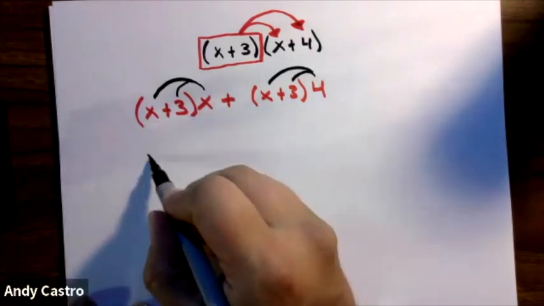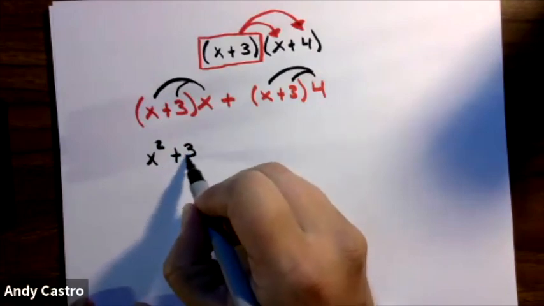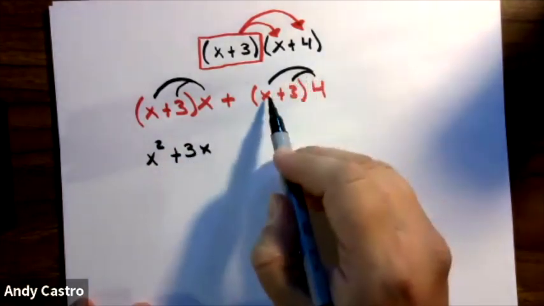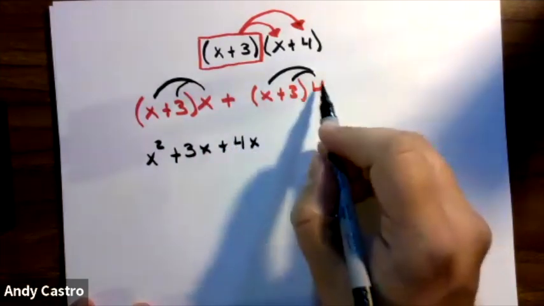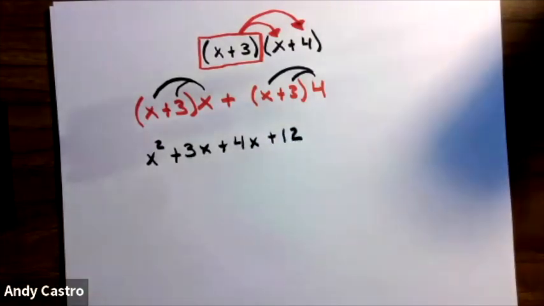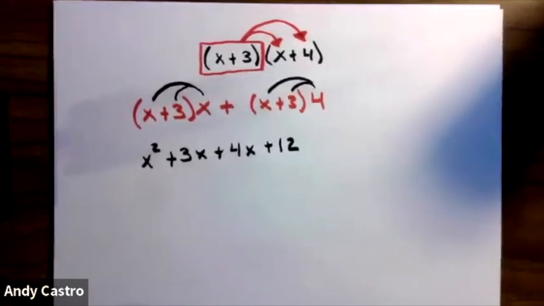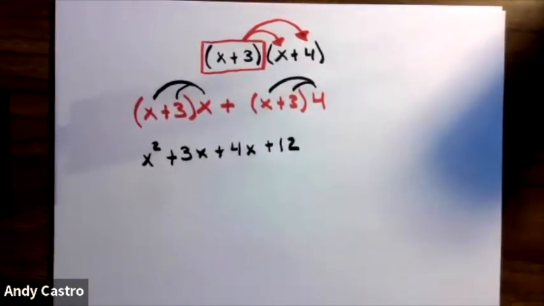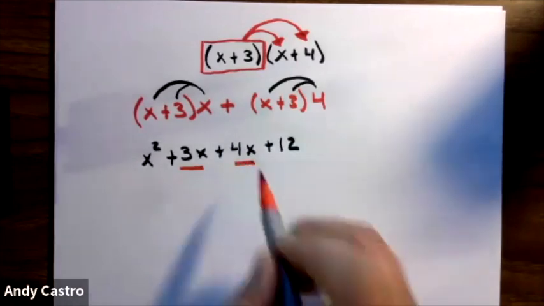So if I do that, x times x is x squared. x times 3 is positive 3x. 4 times x is positive 4x. 4 times 3 is positive 12. Then I can combine like terms. I have like terms here and here.